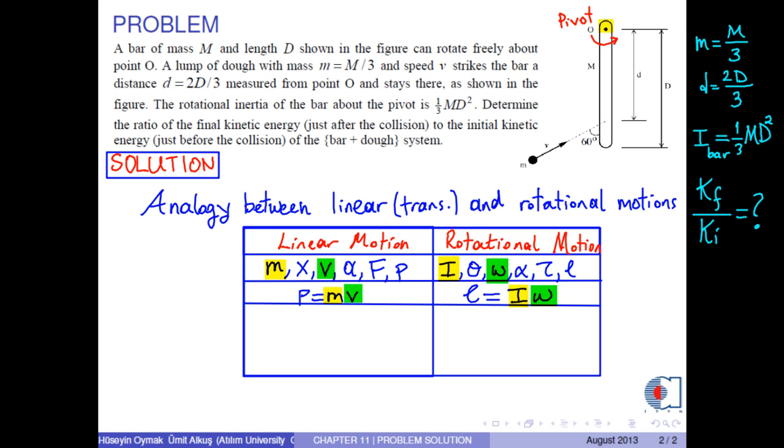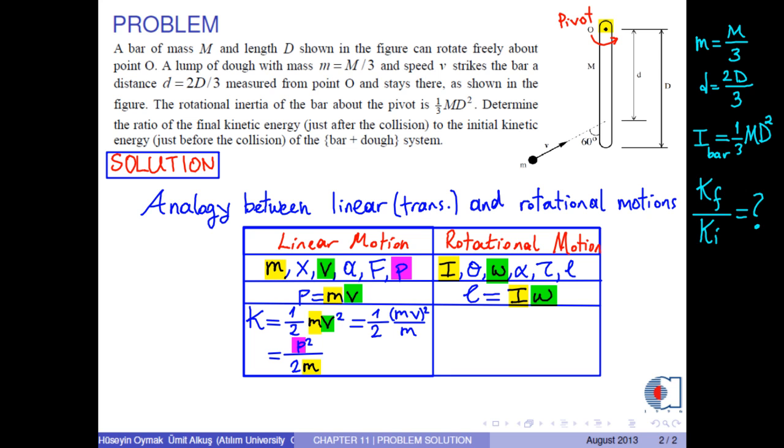Kinetic energy of an object under linear motion is defined by the formula 1/2 mass times the linear speed squared. If we multiply and divide this formula by m, we obtain 1/2 m squared v squared over m. Since mv is linear momentum, we obtain p squared over 2m.